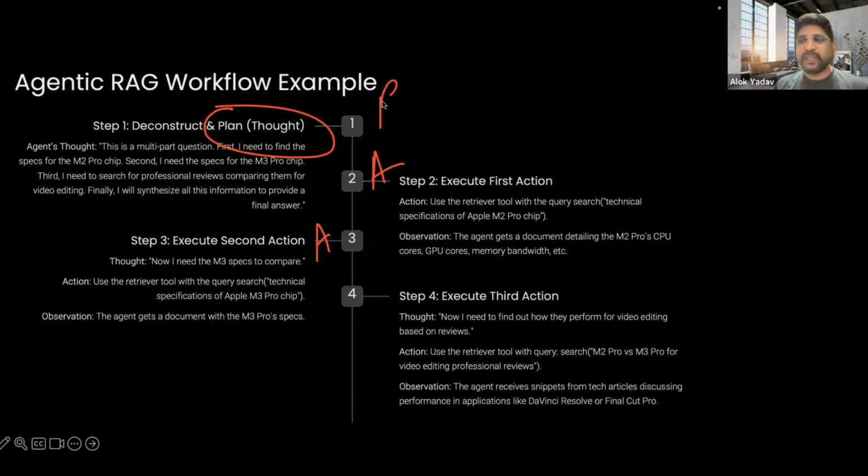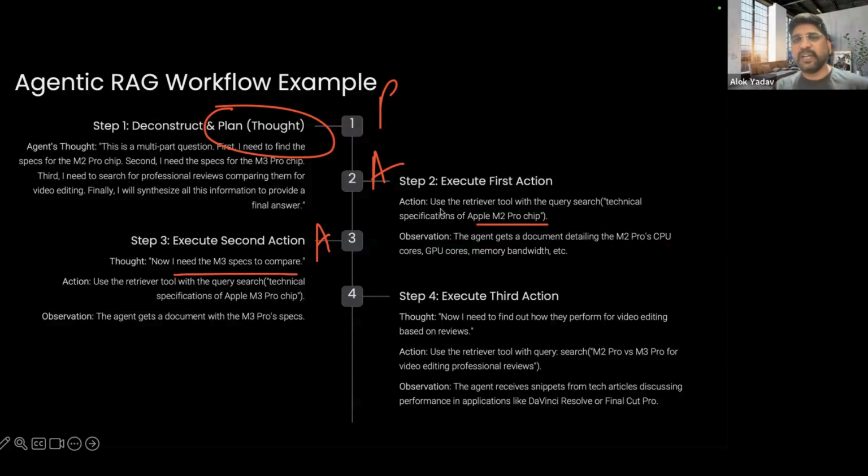Now we are going to execute the first action. What is the first action? Go and search the internet, go and search for the specification of the M2 Pro chip, either in the documents or wherever it is. Use the retrieval tool to search for M2 Pro chip information. That is one action. Then the next action would be to look for the specification of M3.